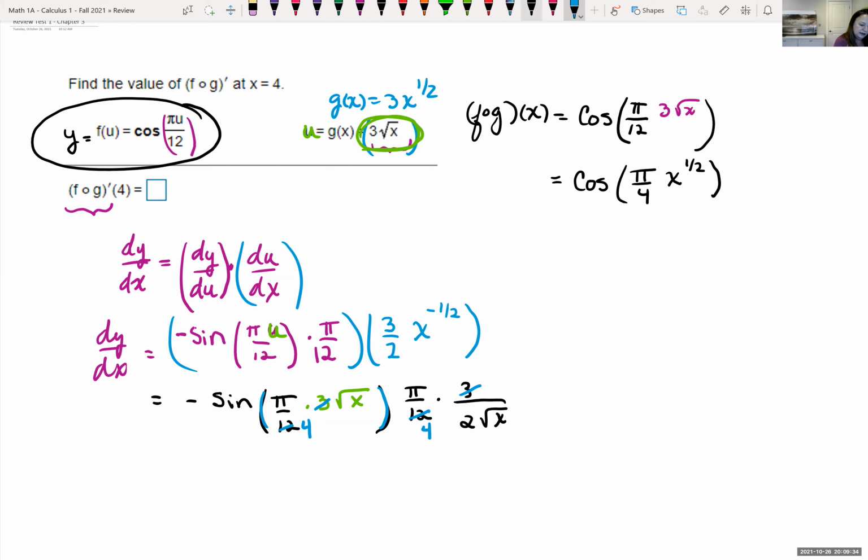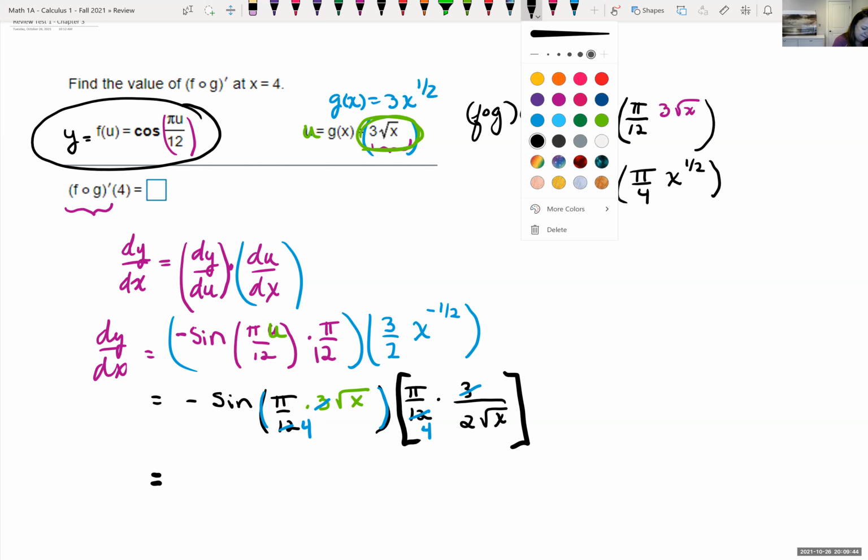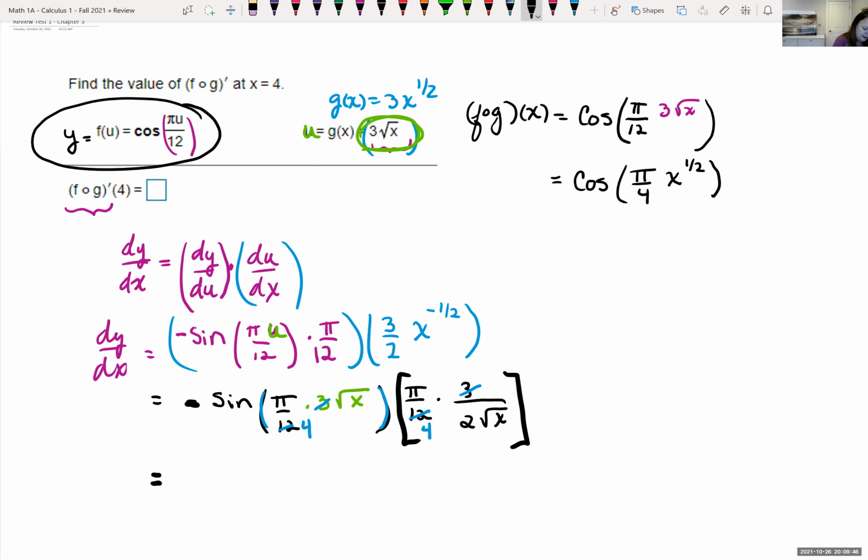And so what I'm left with is this piece in here, which I'm going to multiply together. So pi is in the numerator. I'm going to pull this out front, and I have this negative in here. So I have negative pi all over 4 times 2 square roots of x, which is 8 square roots of x, sine, and we have pi fourths square roots of x.